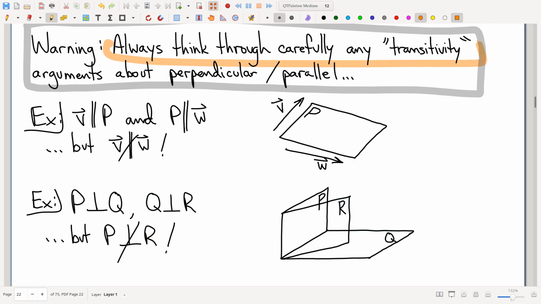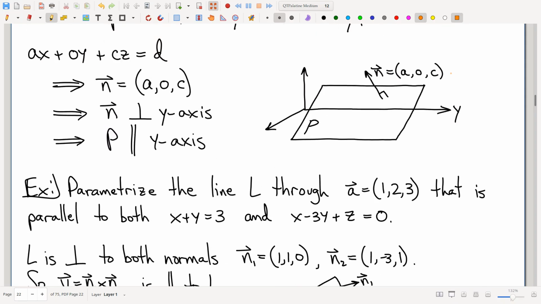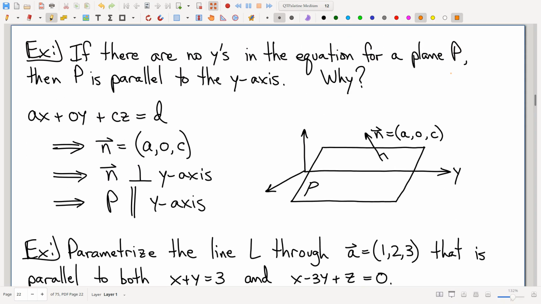Always think it through carefully if you're going to make a transitivity argument. My policy on this is you don't have to prove the transitivity you're claiming. Like if you claim, like I did up here, that this is perpendicular to that and that's perpendicular to this and therefore this must be parallel to that. That is true given that this is a plane and that's a vector and we're in 3 dimensions and all that.